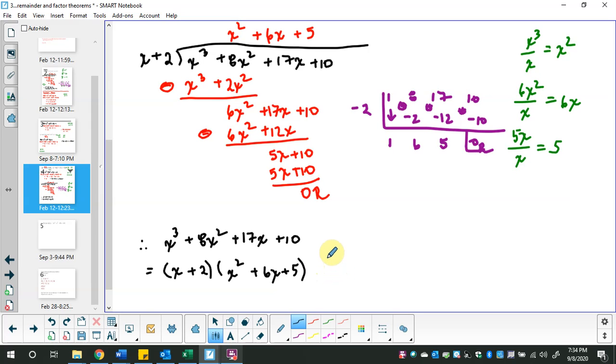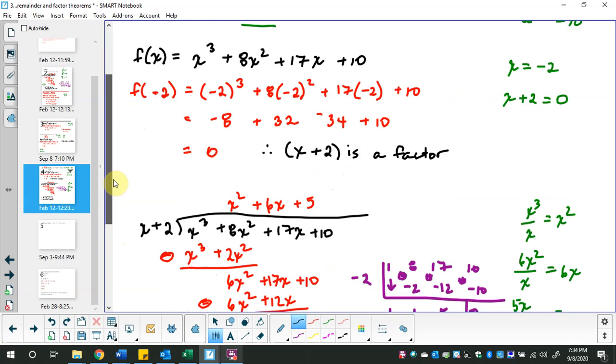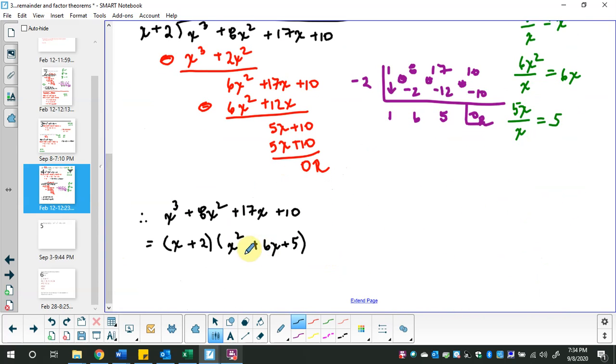So that would be it, except for the fact that the question was to factor fully. So if it is possible to factor x squared plus 6x plus 5, then you must do it. So this is where the grade 10 and 11 factoring comes back to haunt you from that first lesson.